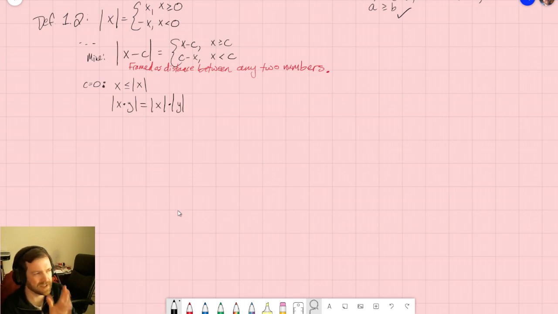Like I said, I just framed it differently, as the distance between any two numbers, and anybody who wants to specify can just use c equals 0, like we're doing in the following case: x is less than the absolute value of x, and the absolute value of the product xy is equal to the absolute value of x times the absolute value of y.